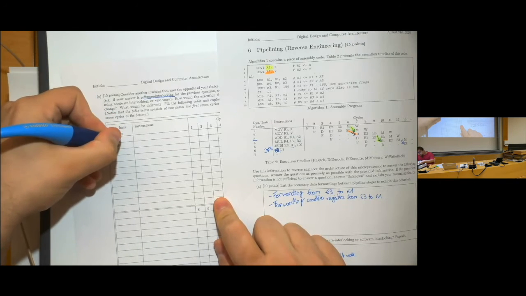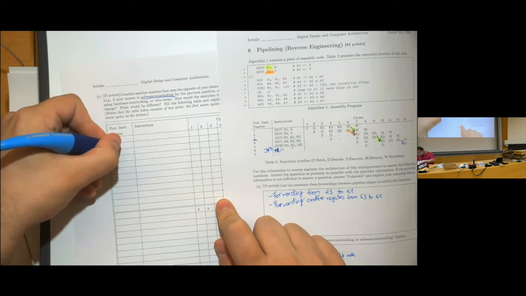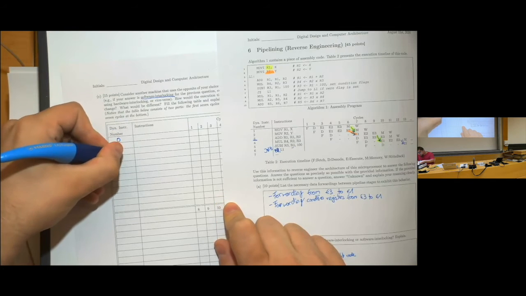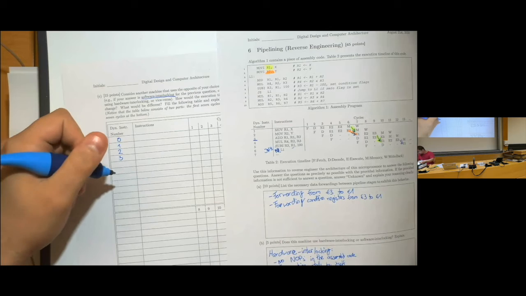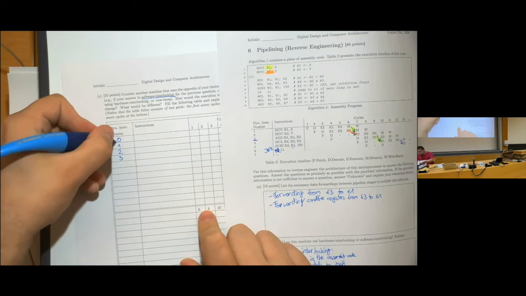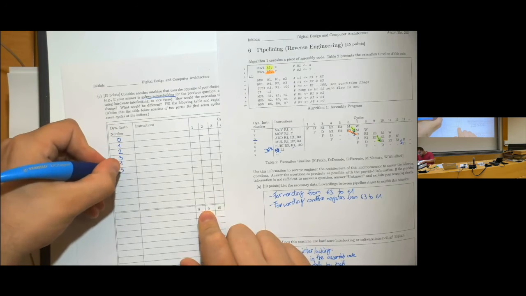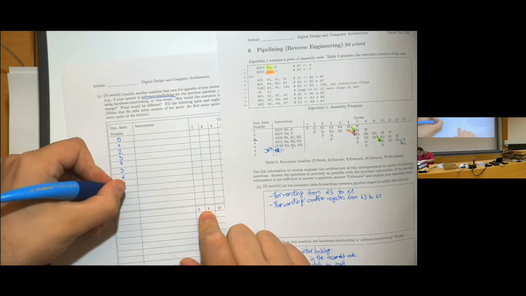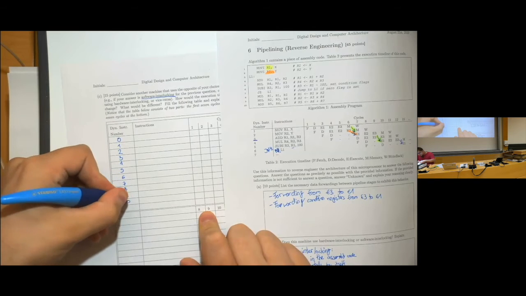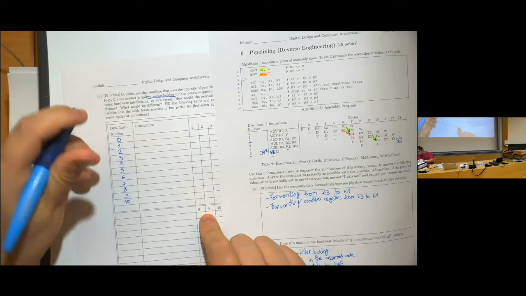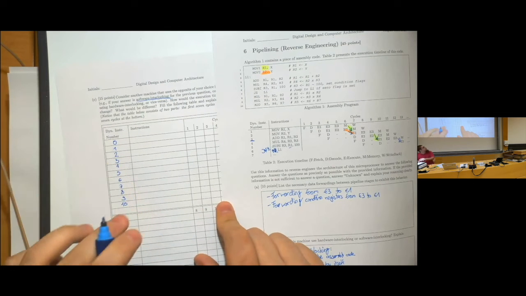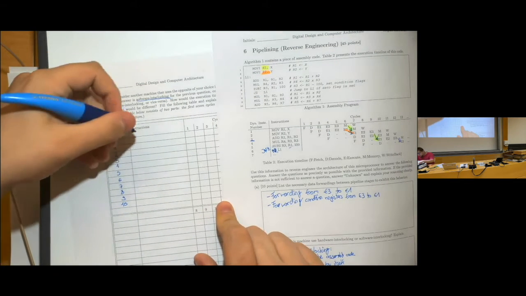I'll number my dynamic instructions 0 based, so it makes a bit more sense in the next sub question, but you could also start with 1 here. Okay, so the first instruction is this move immediate.